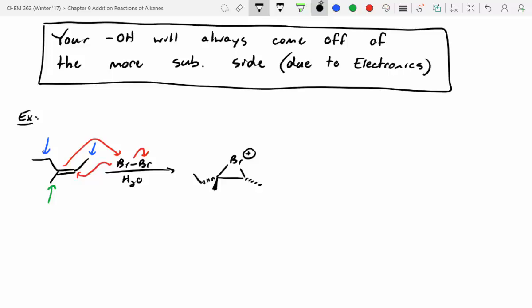So it's important to make sure that you think of this alkene as kind of laying on its side when it's doing that nucleophilic attack. So another way of thinking about this is let's draw our alkene like this, and actually, let me even show these pi bonds kind of like this.